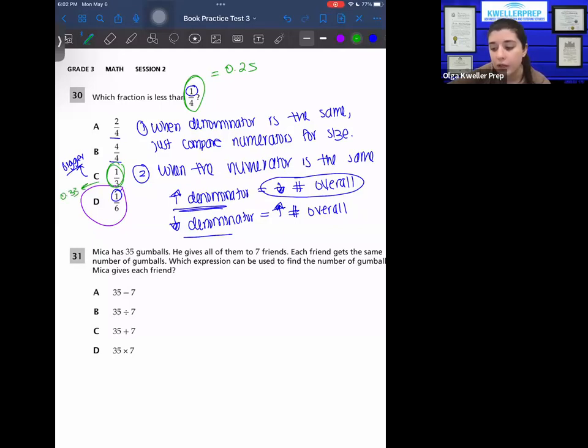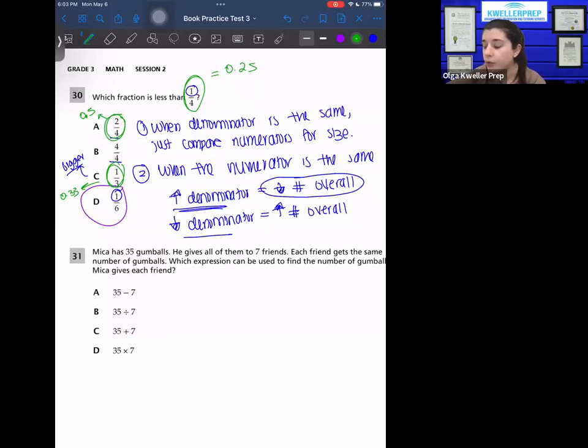You should start thinking that 2/4 is just 1/2, and that's 0.5. So not so important for the state test, but just to start putting a little seed in your head, that way when you hear it enough times, it's not something that you have to learn, you'll just remember it. And once you know these decimal equivalents, it becomes a lot easier to order the numbers from smaller to greater.